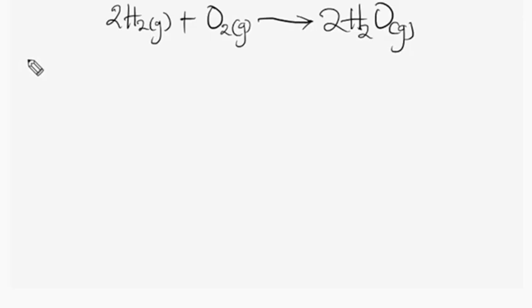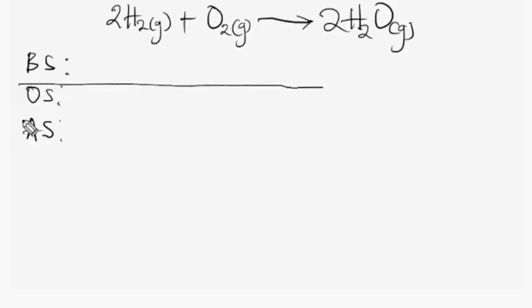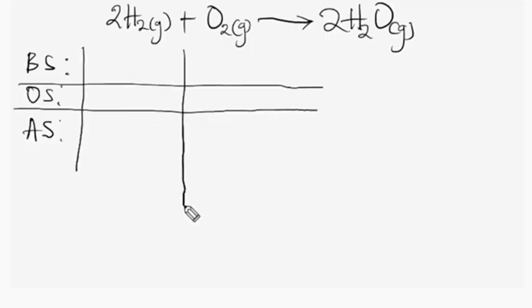So we are going to represent this as before sparking, on sparking, and after sparking. Let's draw a line over here to make this uniform. Here is for hydrogen, here is for oxygen, and here is for the water vapor that was produced.